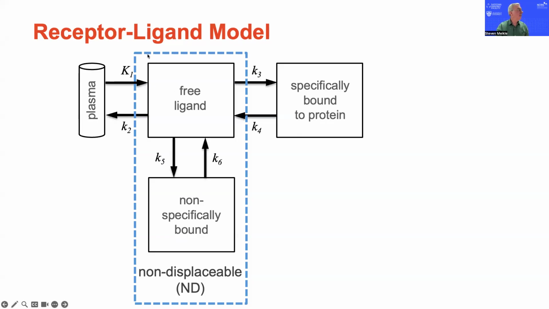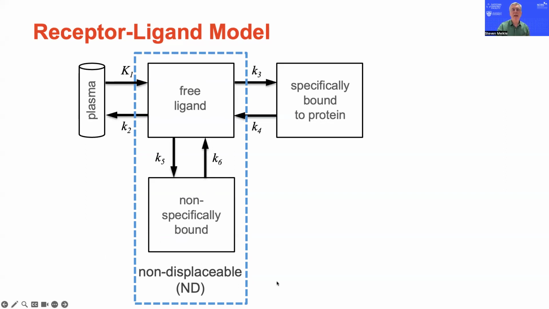And this combined part, all of your tracer that's free and bound to your non-specific target, if you put a box around that part of the model, we call that the non-displaceable component of your tracer.